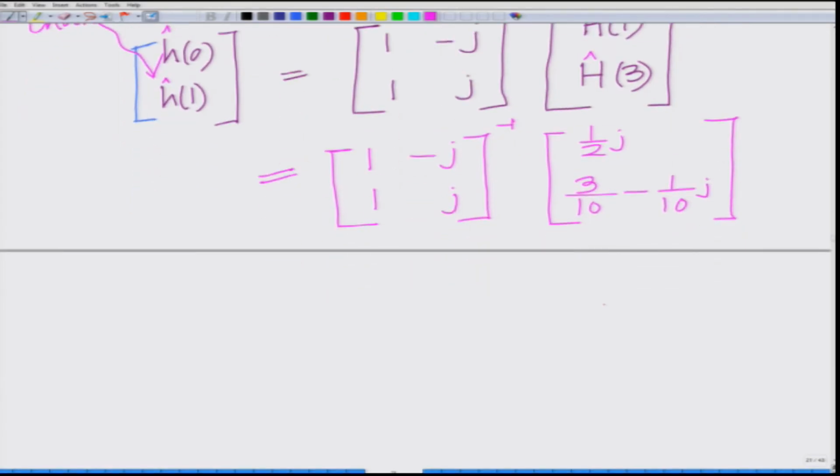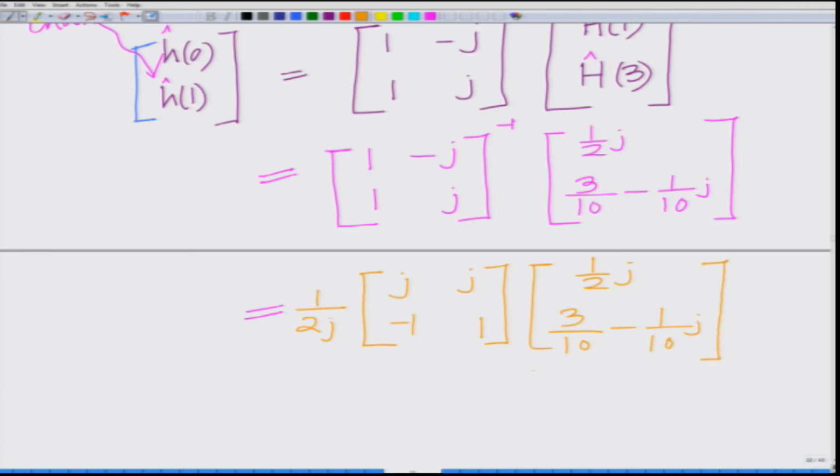Now we will calculate the inverse of this matrix. The inverse of this 2 cross 2 matrix is simple to compute: it is 1 over 2 j times the matrix with the diagonal elements swapped and the off diagonal elements negated. So, this is the inverse of the matrix, times half j, 3 by 10 minus 1 by 10 j.